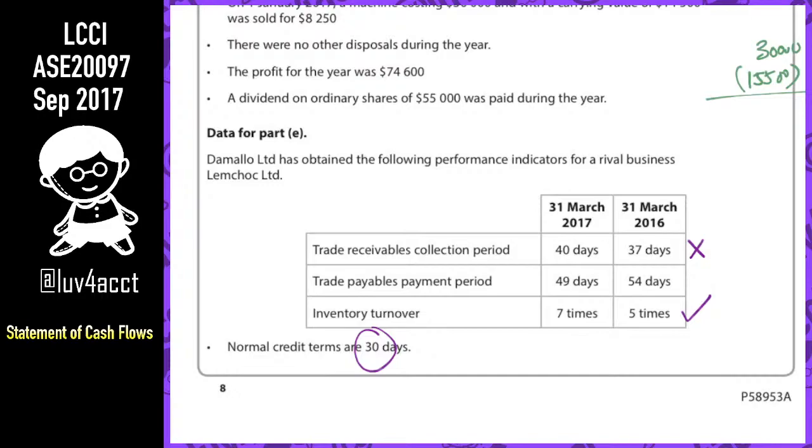Okay, better. Inventory turnover is better because now we have more times. That means inventory is sold faster. Okay, less time inventory is kept in the warehouse, in a shorter period of time. Okay, that reduces the risk of impairment of inventory. Okay, also it enables the quality of goods to be better. Okay, fresher.